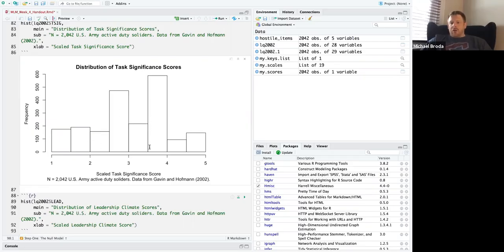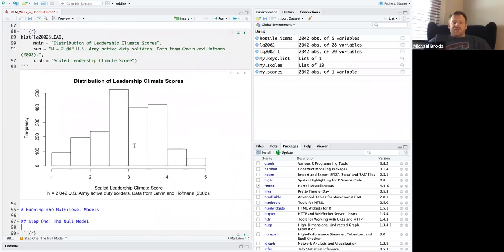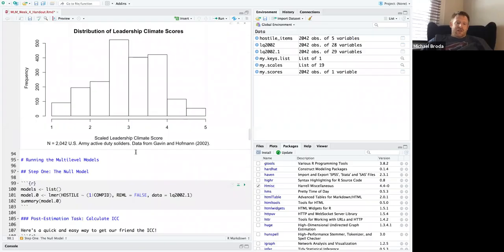So how important each individual feels that their job is. And we're also interested, maybe sort of in a moderating context, in leadership climate. So does the individual's perception or the group level perception of leadership climate have an impact on hostility?